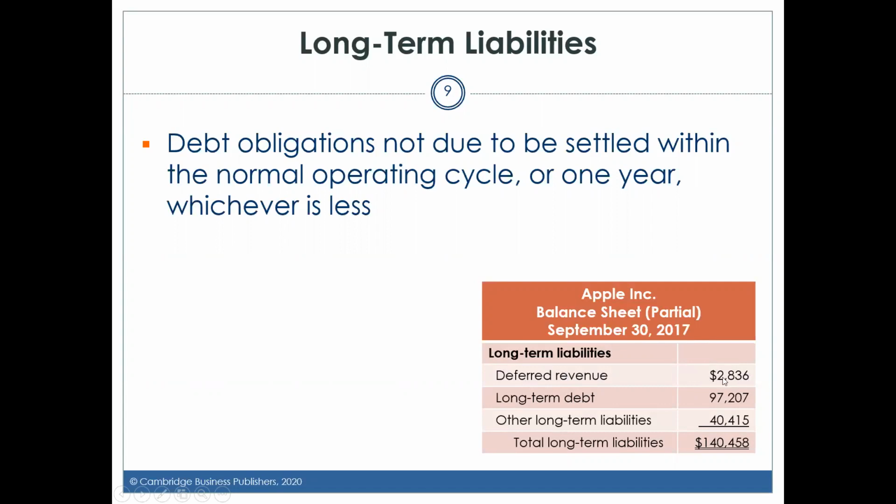It's this number times $1 million is the actual amount. So some portion of their deferred revenue was long-term, which means Apple wasn't required to perform the service or ship the good. They had more than a year to do that, according to the contract that they had with various customers. And so that, by definition, is a long-term liability if you have more than a year to satisfy it.